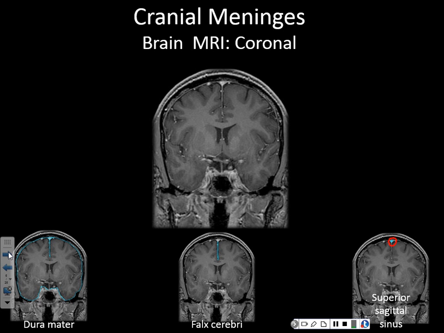So, in fact, the superior sagittal sinus is where most of the blood that supplies the brain is drained into. And then this superior sagittal sinus is joined to the internal jugular vein.